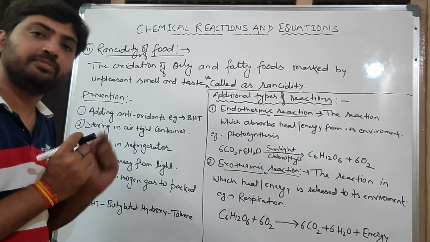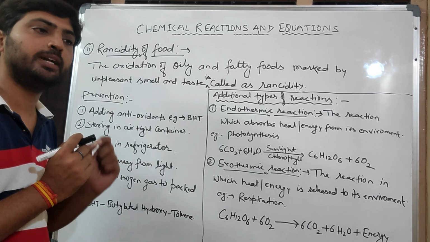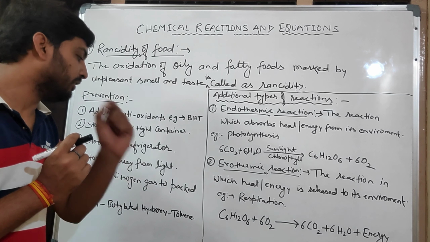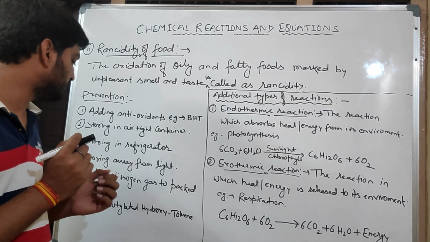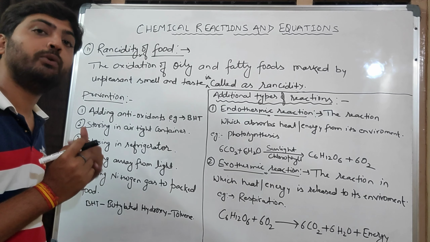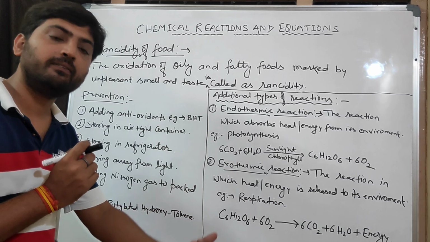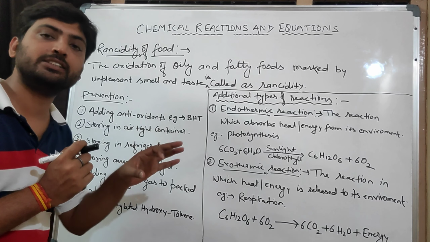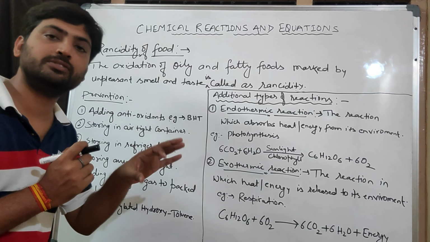To prevent it from rancidity, to prevent oxidation. The prevention method is adding nitrogen gas to packed food which contains oils and fats. This nitrogen gas is filled in the packet to prevent oxidation.